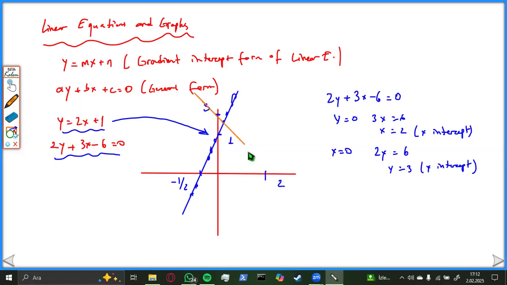It's nearly something like this. Assume that the x-intercept is here, the y-intercept is here. And this equation right now belongs to that line. In my mind, this is the easiest part.